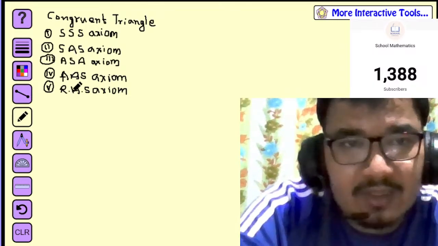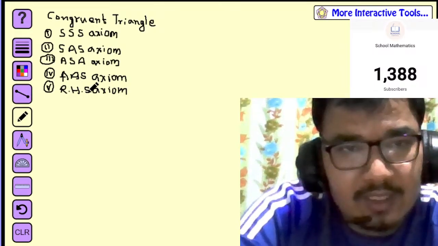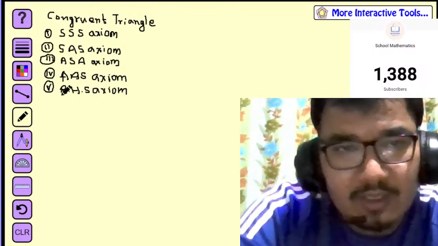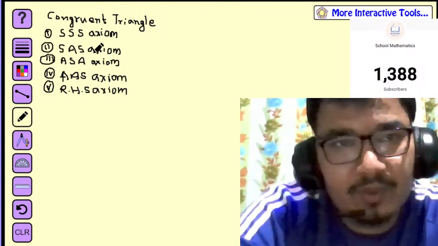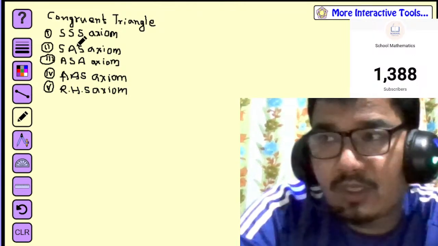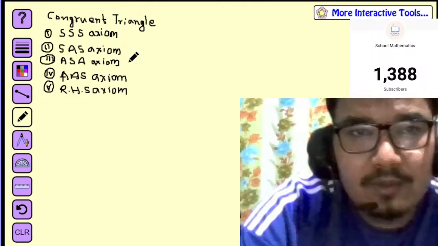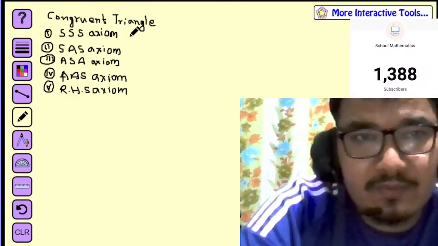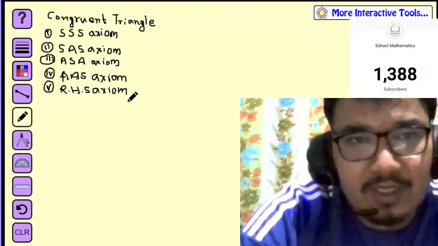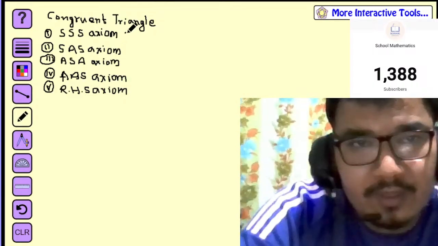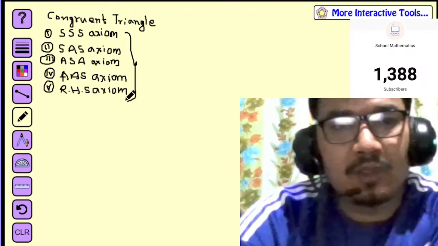In the RHS one, R stands for right angle, H stands for hypotenuse, and S stands for side. These are the five axioms, or theorems, or tests, which will be used to show the two given triangles congruent.